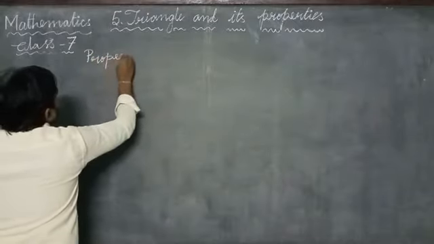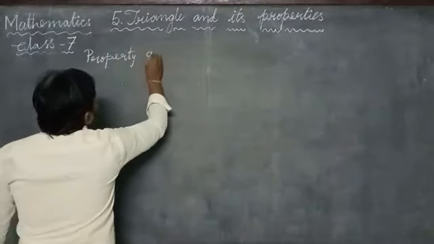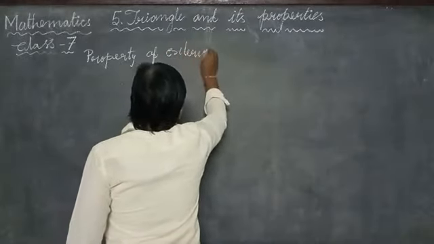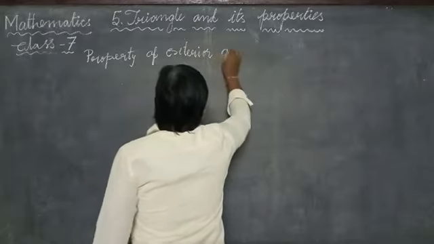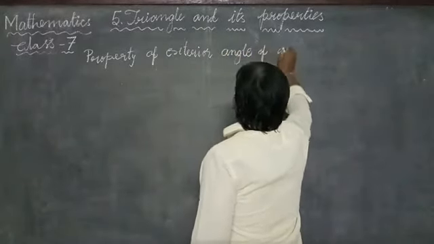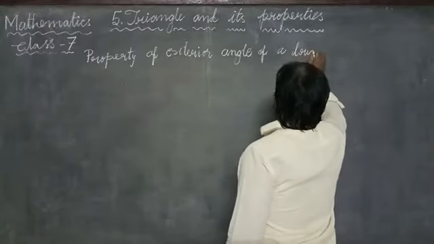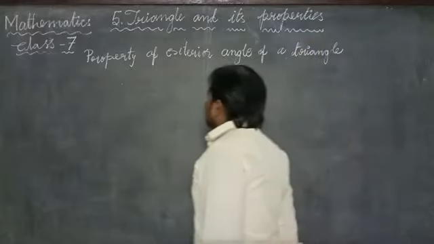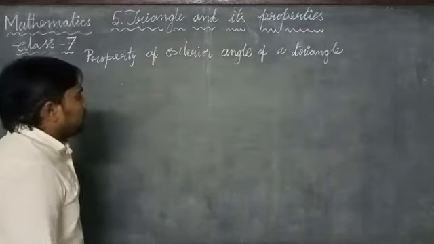Property of exterior angle of a triangle. Okay, here we go.